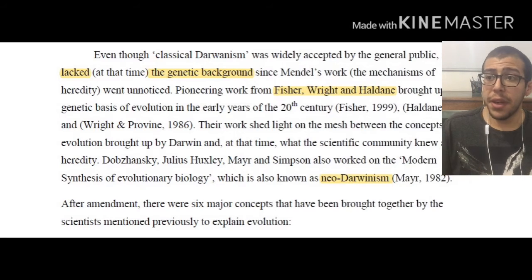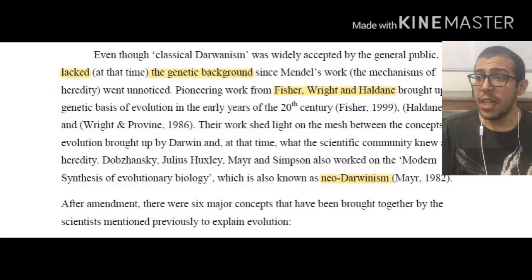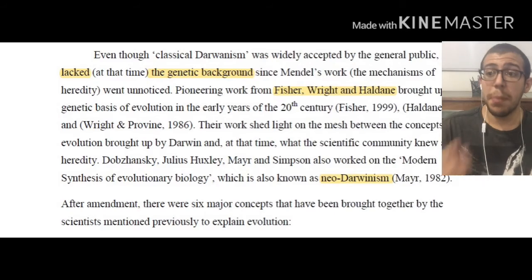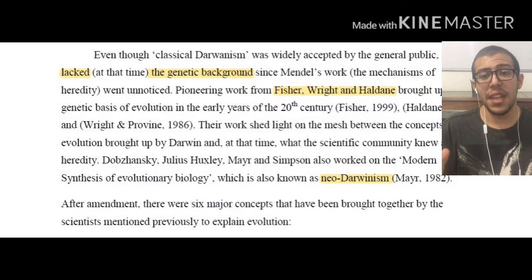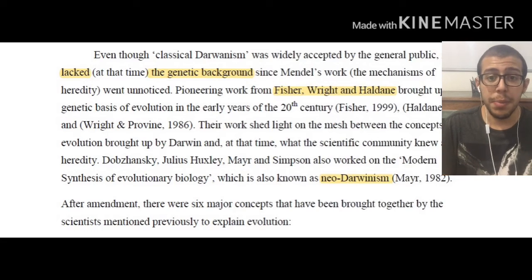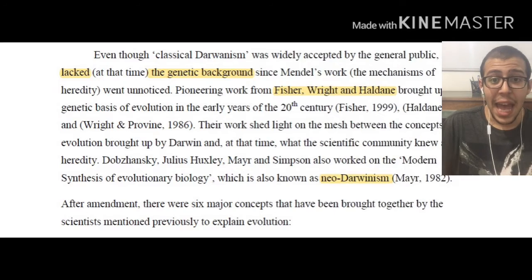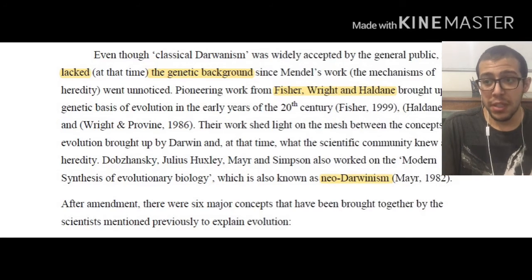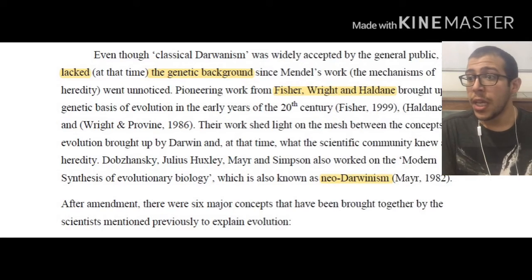Next, pioneering work from Fisher, Wright, and Haldane brought upon the genetic basis of evolution. Basically, these scientists merged the theory of evolution that Darwin came up with and deduced, and the genetic and hereditary information that we were able to deduce from Mendel's work, which was brilliant, by the way.